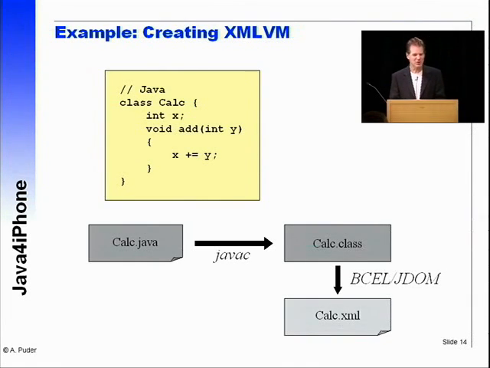And the first thing we do is we create an XML document out of it. It may sound a little bit awkward, but you will see shortly what we do with that XML document. And it also is where this project gets its name from. So XMLVM: XML, well, that's obvious, and VM, virtual machine. On the next slide, I'm going to show you what this XML document looks like for this class Calc.